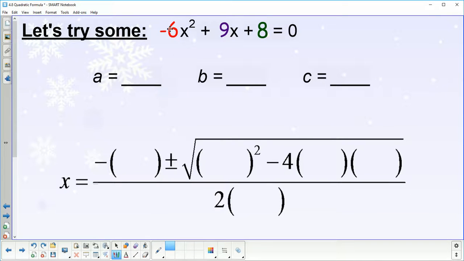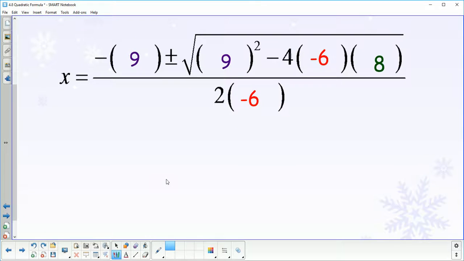So let's see what that looks like. First step, I need to identify a, b, and c, and then I'm going to plug those values in everywhere. Remember, it was negative b plus or minus the square root of b squared minus 4ac all over 2a. So it would look like that if we plug everything in.